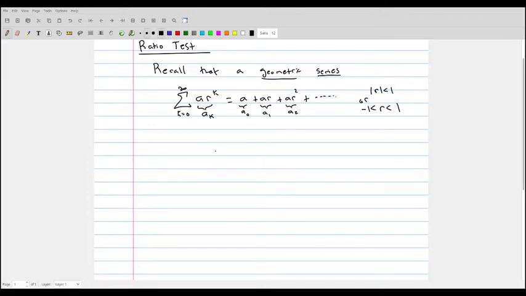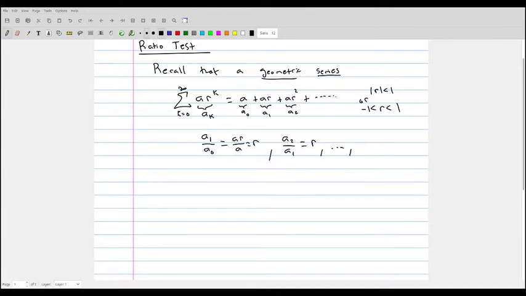So what this is saying for us is that if we consider the ratio of subsequent terms in the series, we'll notice something special. a1 over a0 is ar over a, or r. a2 over a1 is equal to r as well, because it's ar squared over ar, which just simplifies to r.